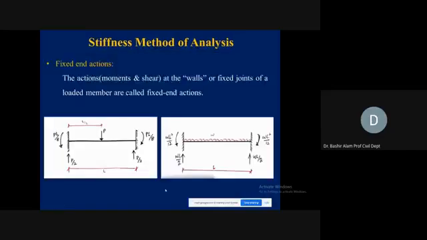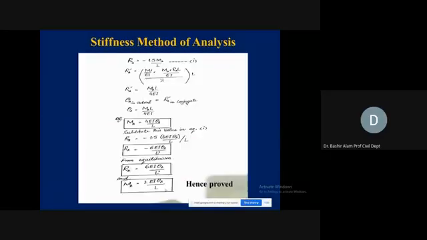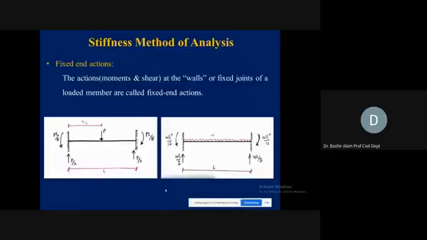Now, for this case, how do we find the fixed end actions? You should be quickly able to, for reference, you can see here, in this left one, in the middle of the span, we have a load P. L is the span, L by 2, it is telling you it is at mid span.